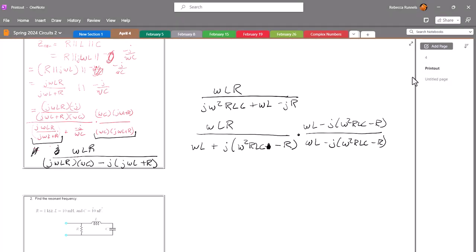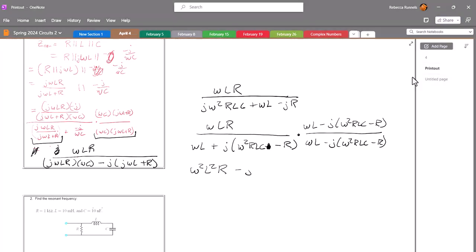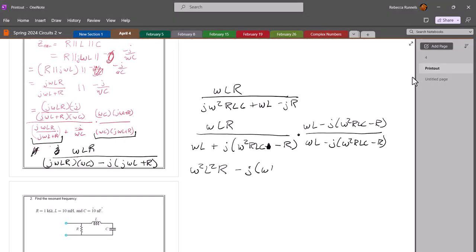If I distribute that, I get omega squared L squared R, which I don't really care about. It's only the imaginary part that I care about, minus j times omega L R times omega squared R L C minus R.